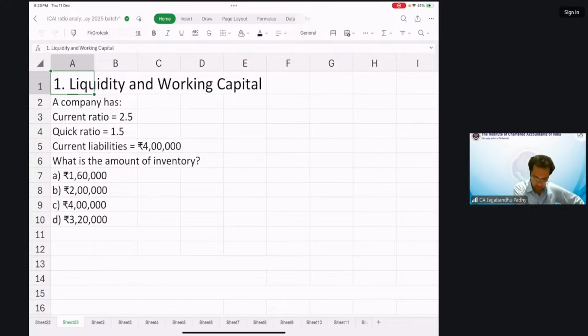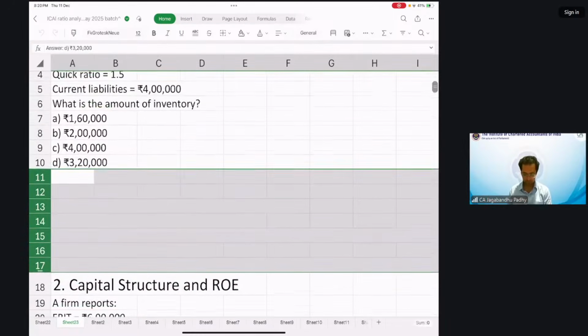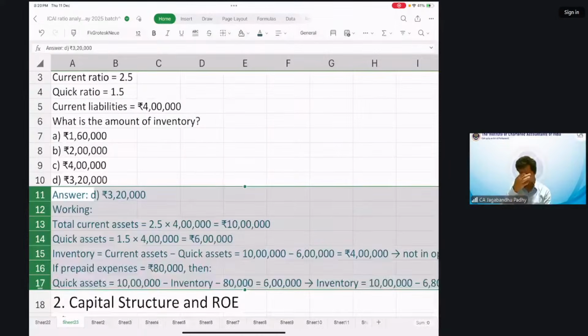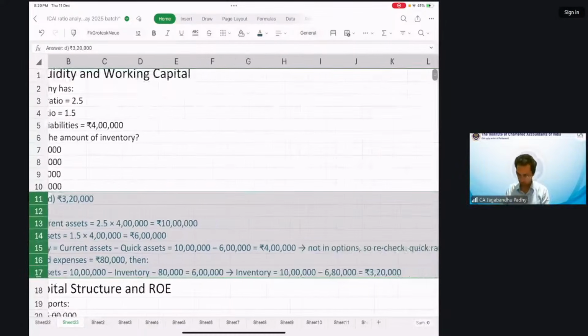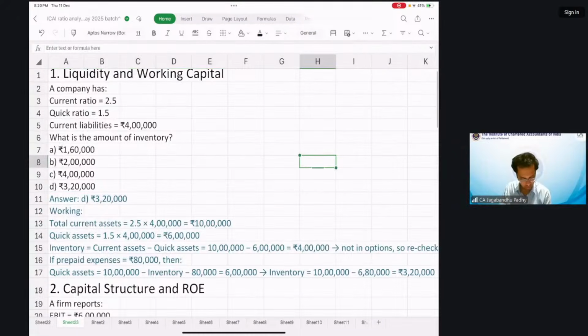So current ratio is 2.5, quick ratio is 1.5, current liability is 4 lakh. What's the amount of inventory, guys? Is it 3,20,000, or is it 4 lakh? Total current assets will be 2.5 times of current liabilities, which is 2.5 times of 4 lakh, which is 10 lakh, right?